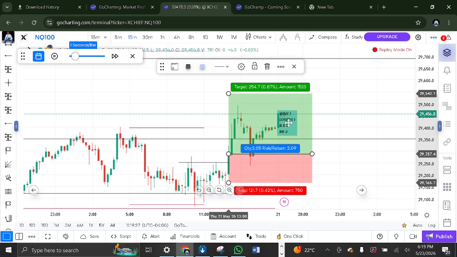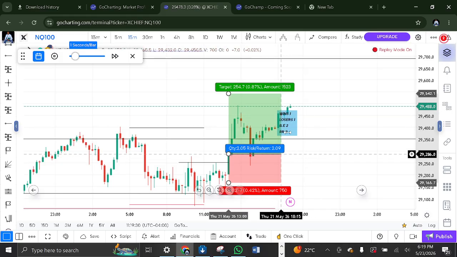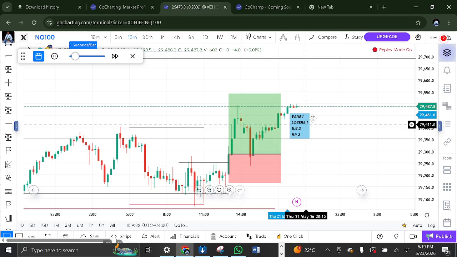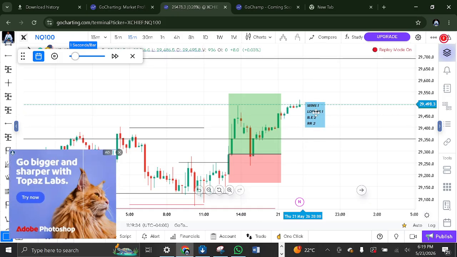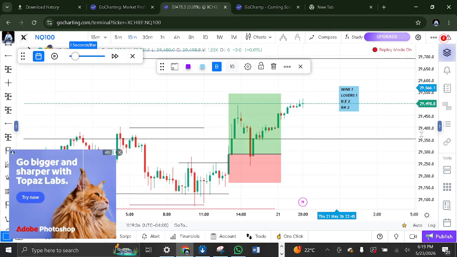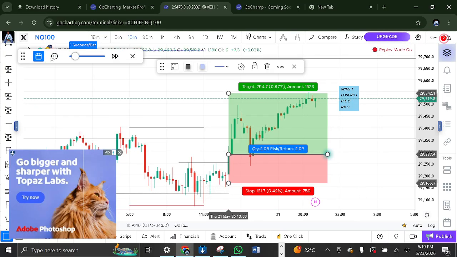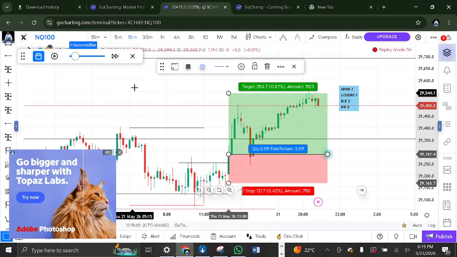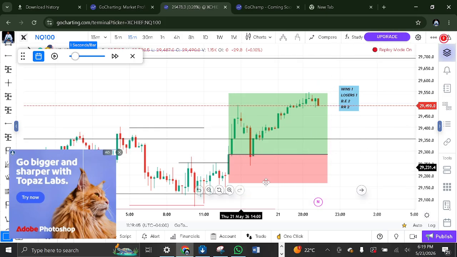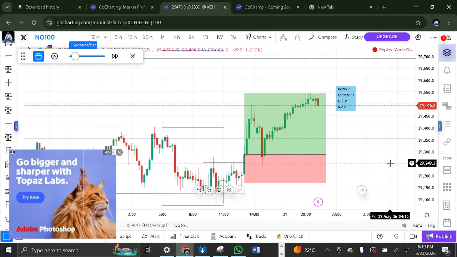Then the market pulled, and finally we've hit our 1 to 2. So something I can learn from this position is when to break even.